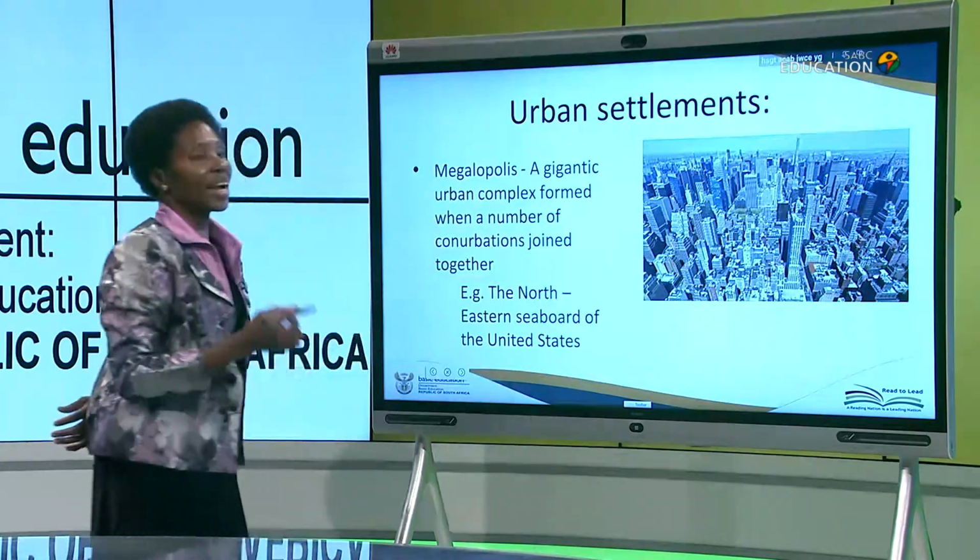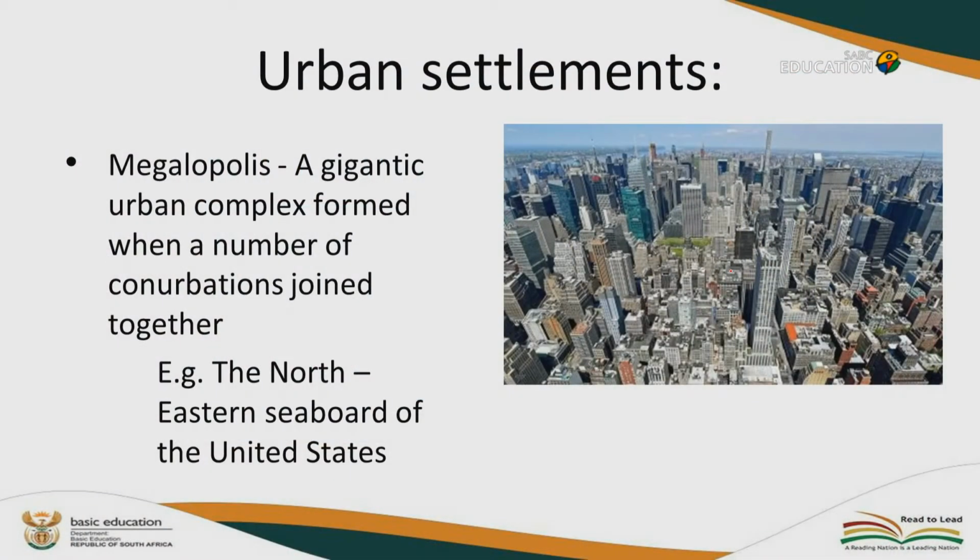Okay, let us look at megalopolis. This one is the largest of them all. This one, we don't have an example of in South Africa. We only have an example of this in America, but in other parts of the world, we do have that kind of example. What is a megalopolis? It's a gigantic urban complex formed when a number of conurbations join together.